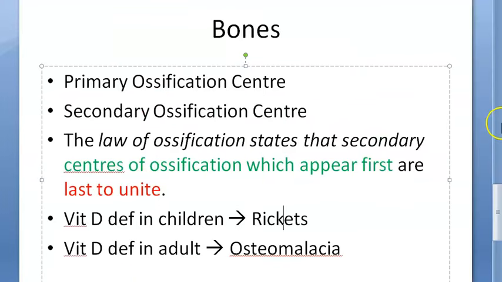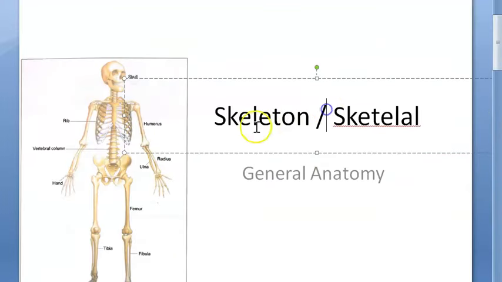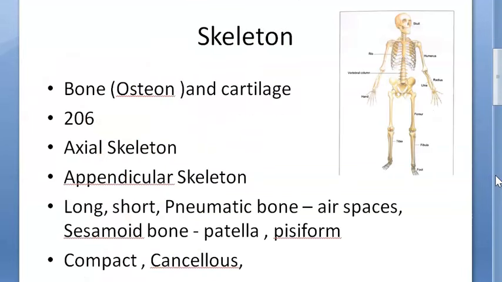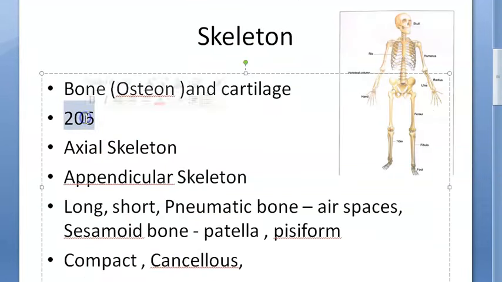So in this video, you have looked at skeletal anatomy, general anatomy. We have looked at the main bones in the skeleton, what bone is, what cartilage is, how many bones are there in our body, what is axial skeleton, what is appendicular skeleton. You have looked at what long bones are, short bones are, pneumatic bones, air spaces, sesamoid bone, patella, pisiform. You have looked at what compact bone is, what cancellous bone is, what periosteum is, endosteum is.